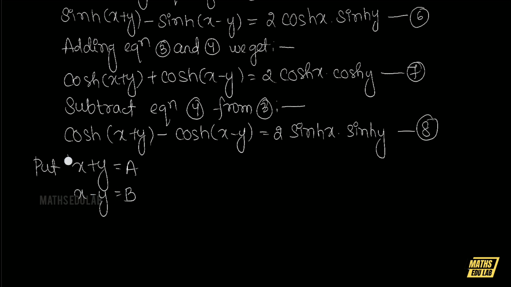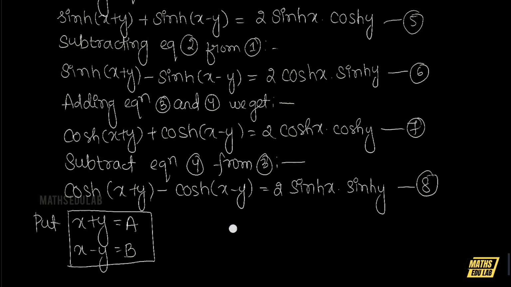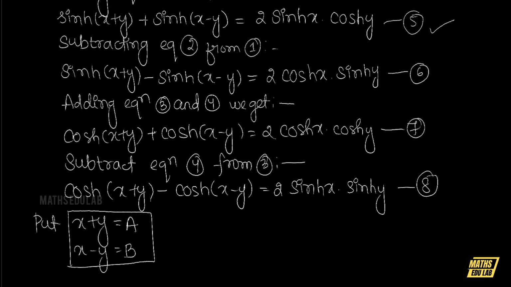These are the two values which we have to change. In equations 5, 6, 7 and 8 we have x+y and x−y. In place of x+y we will replace a, and similarly in place of x−y we will replace b.